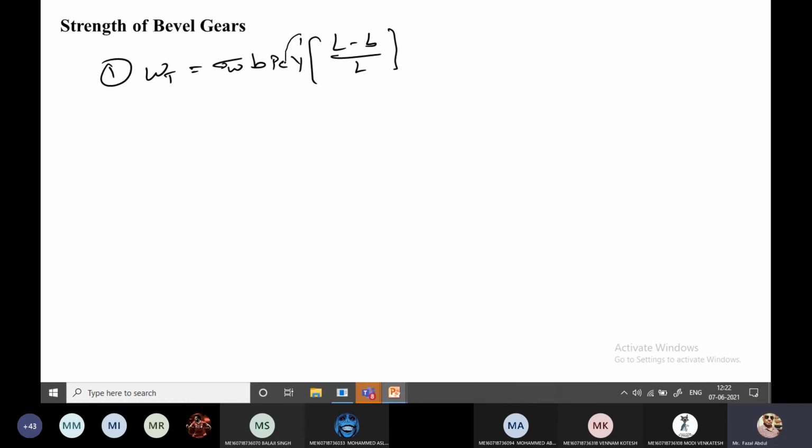So what is Y dash? Levy's form factor. Just now I showed on the previous slide what the Y value is. So 3 Y dash values are there. Based on the system of gearing, we have to use this one. If the question gives the 20-degree stub system or the 14.5 full depth involute system, then based on that system of gear teeth, we need to select the Y value. Now L represents the bevel factor.